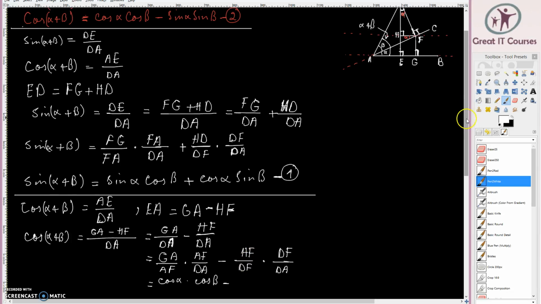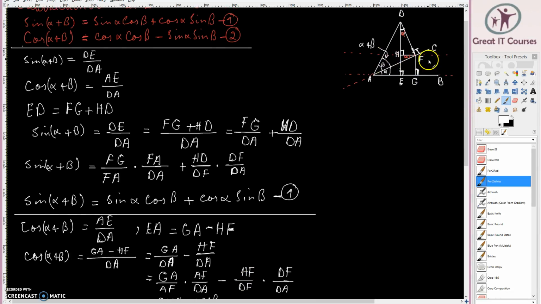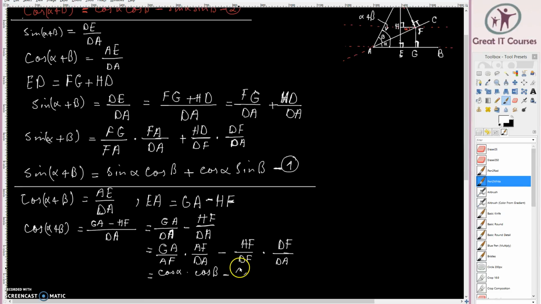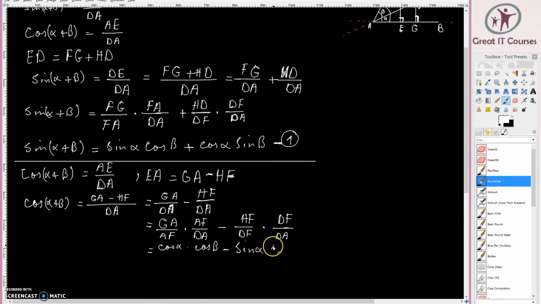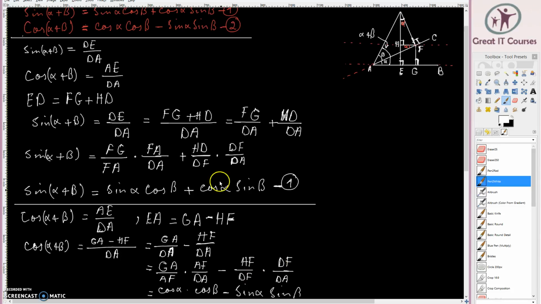HF by DF, HF by DF is sine alpha, what we have here. And DF by dA is sine beta. Which is exactly what we were looking for in this formula.